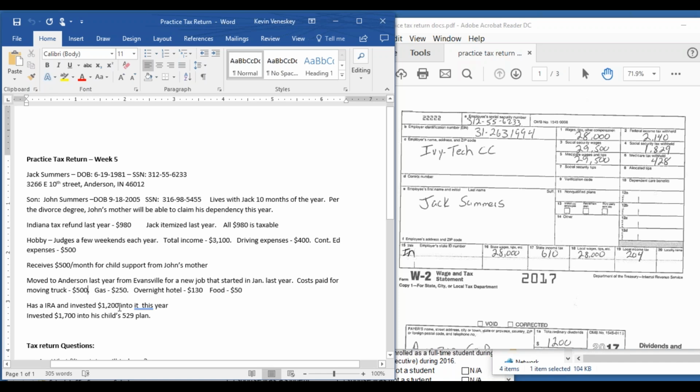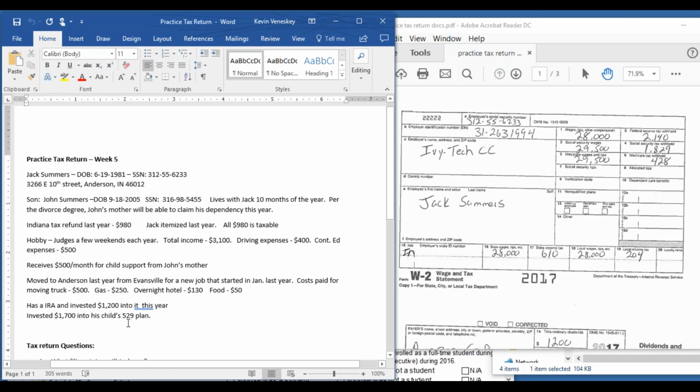And let's see, he put in $1,200 into his IRA, and he also put in $1,700 into his child's 529 plan. If you recall back to part 1 of the lecture, nothing was mentioned about any 529 plan deductions. That's because they're not allowed for federal.